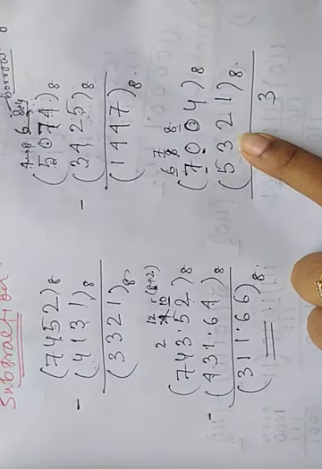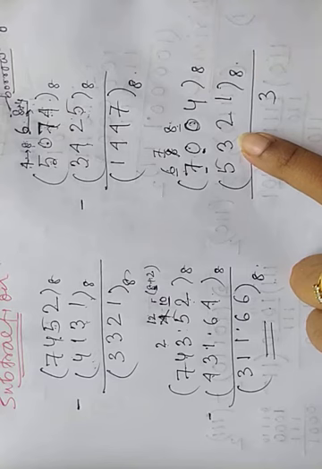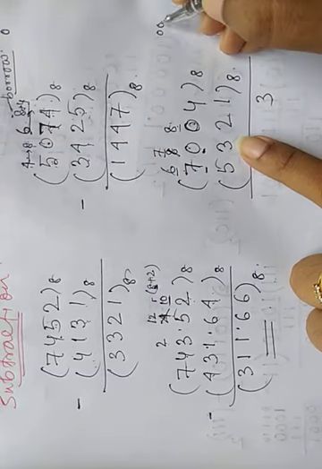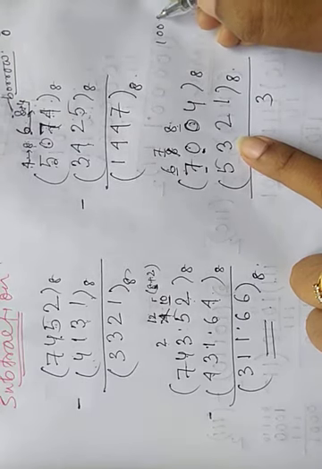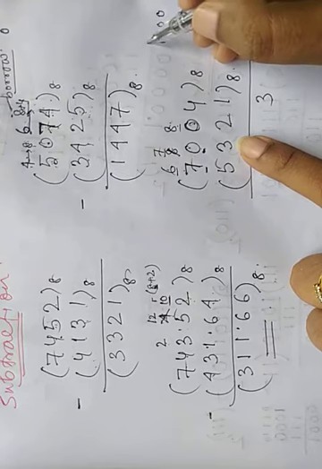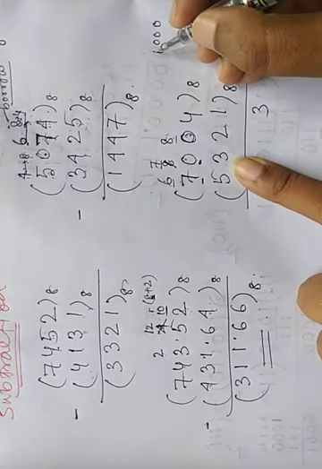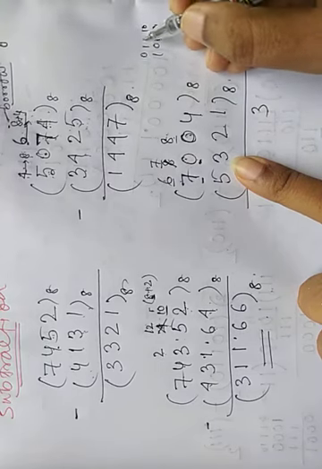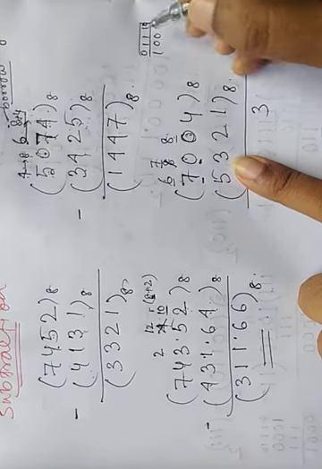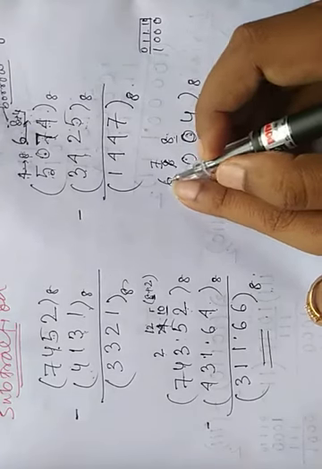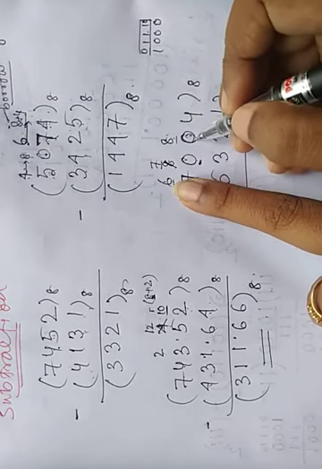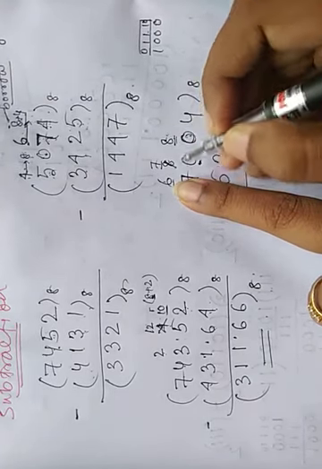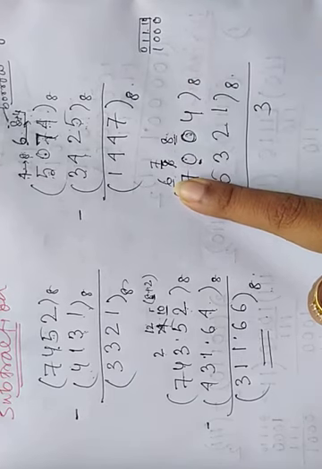Same as in our binary number system. If there are 2 digits in binary, what have we done? 1 changes to 0, 0 changes to 1, and all the middle ones change to 1. Like this, 7 is diminished by 1, 0 changes to 8, and all the middle values change to 7.